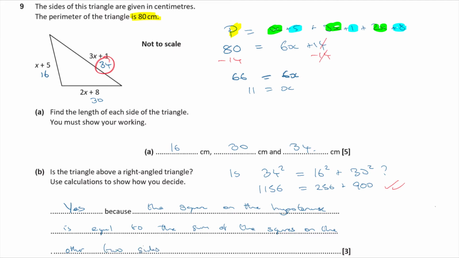I'm writing this out really long. You could probably just say because of Pythagoras theorem, if you're worried about time. I just wrote down what Pythagoras theorem is, and I'm probably just going to put in brackets 34 squared equals 16 squared plus 30 squared.